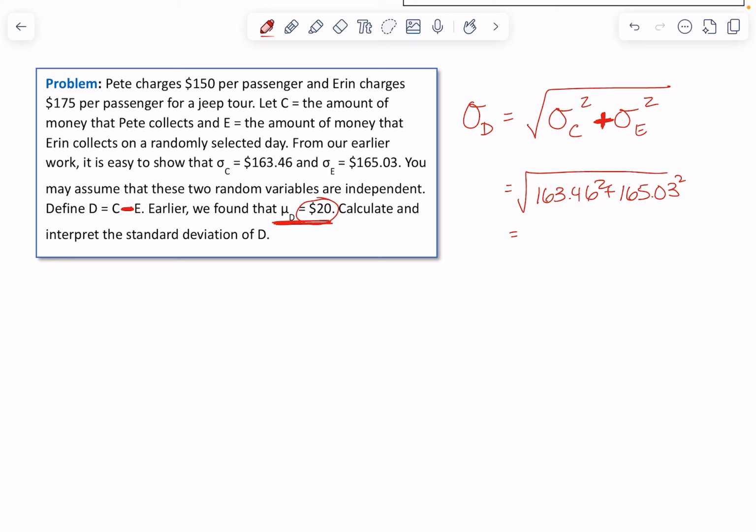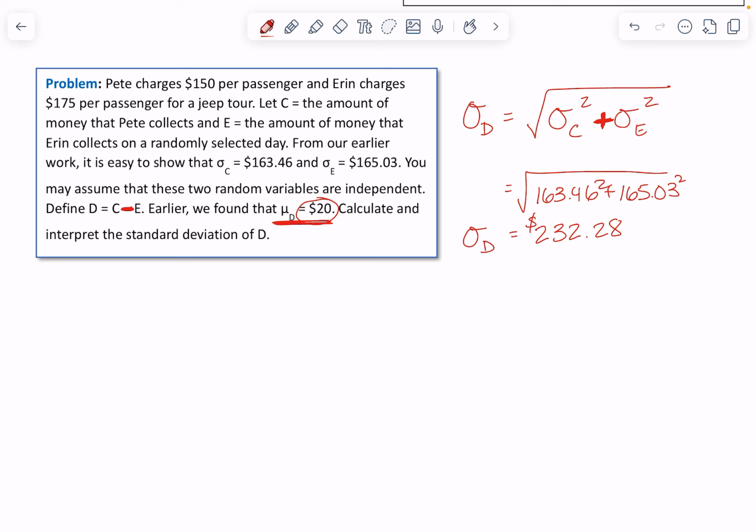Let me find that real quick. That would be $232.28. So that is the standard deviation when you subtract the two siblings' Jeep prices.